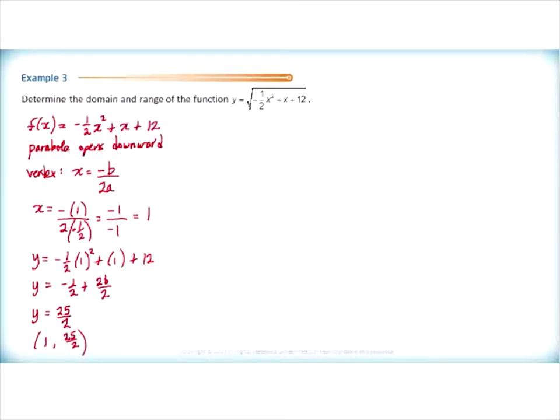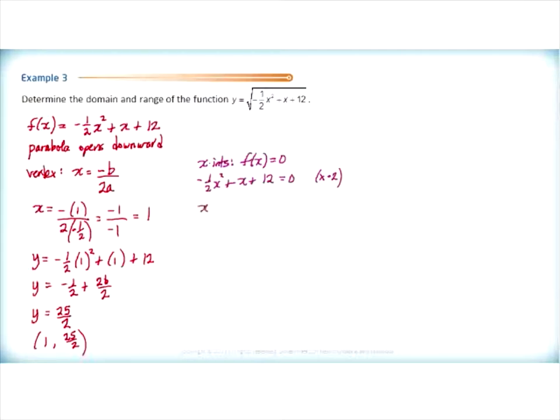Next, we will determine the x-intercepts of this graph. The x-intercepts occur when f of x is equal to 0. So we have negative 1/2 x squared plus x plus 12 is equal to 0. Multiplying both sides of the equation by negative 2 helps us to eliminate the negative coefficient of the x squared term as well as any fractions that exist.